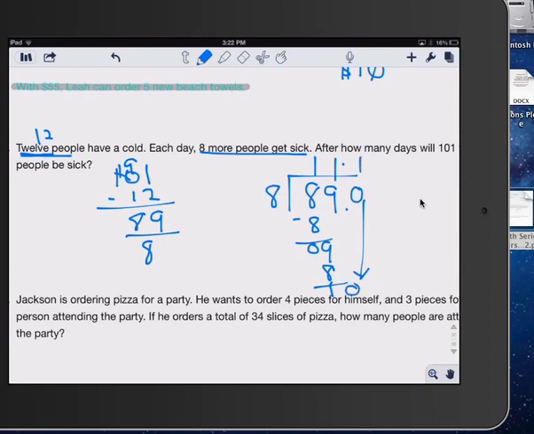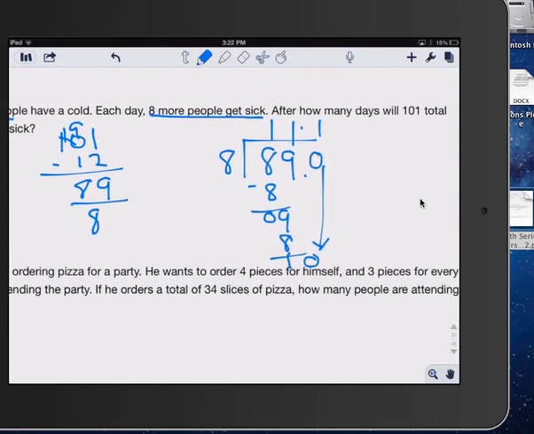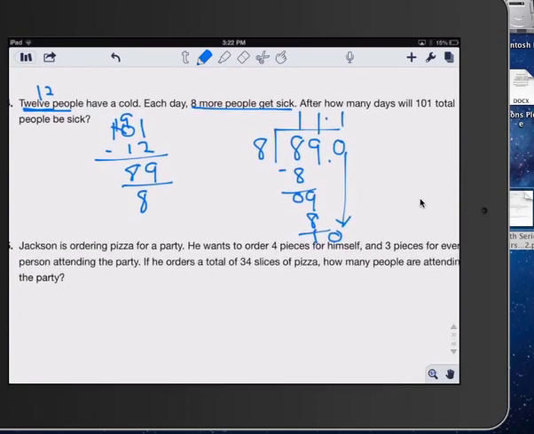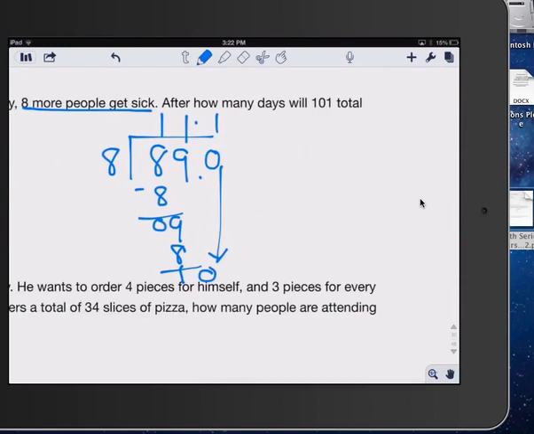I can stop here now, because about how many days will a total of 101 people get sick? 11.1 days. For days, I can leave it as a decimal because we can convert it to hours.